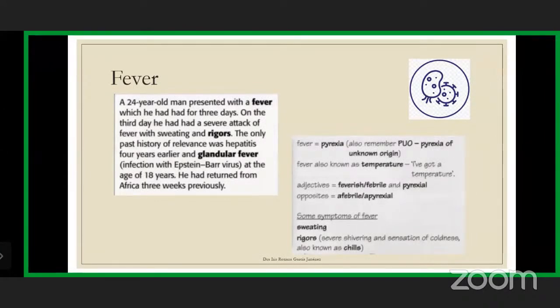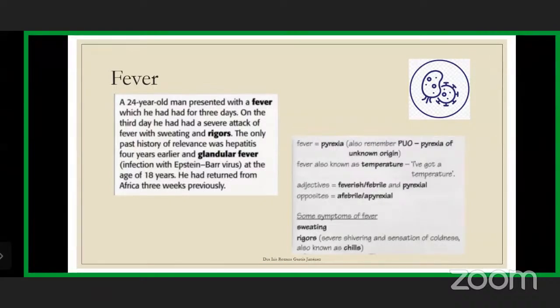So you can see, it's not rigors, it's rigors. But that's okay. So you can see the pyrexia, the PUO, the pyrexia of unknown origin. It has specific criteria, of course, we know all about it. And fever, also known as temperature. You can see now synonyms: fever, temperature, or pyrexia, in order to consider this.